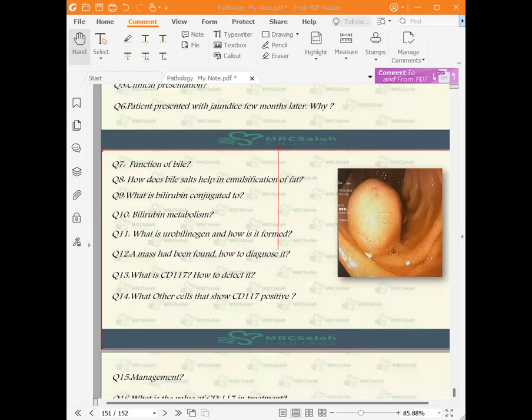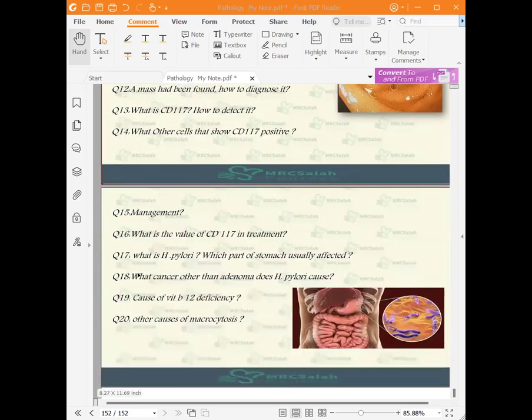Management. Dr. Amir, you can start from here, last. Management of this case depends on the clinical picture of the patient.